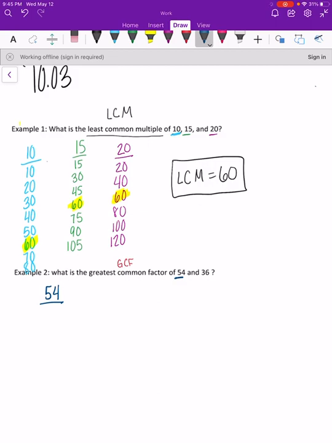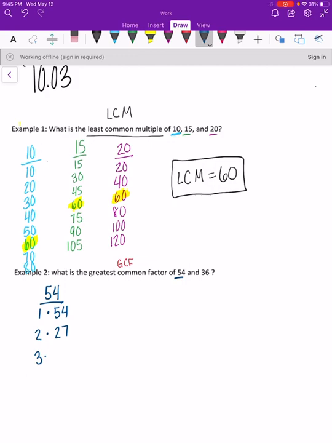So I always like to start with 1, because 1 goes into every number. 1 times what is 54? Well, 1 times 54. 2 times what is 54? 2 times 27. 3 times what is 54?